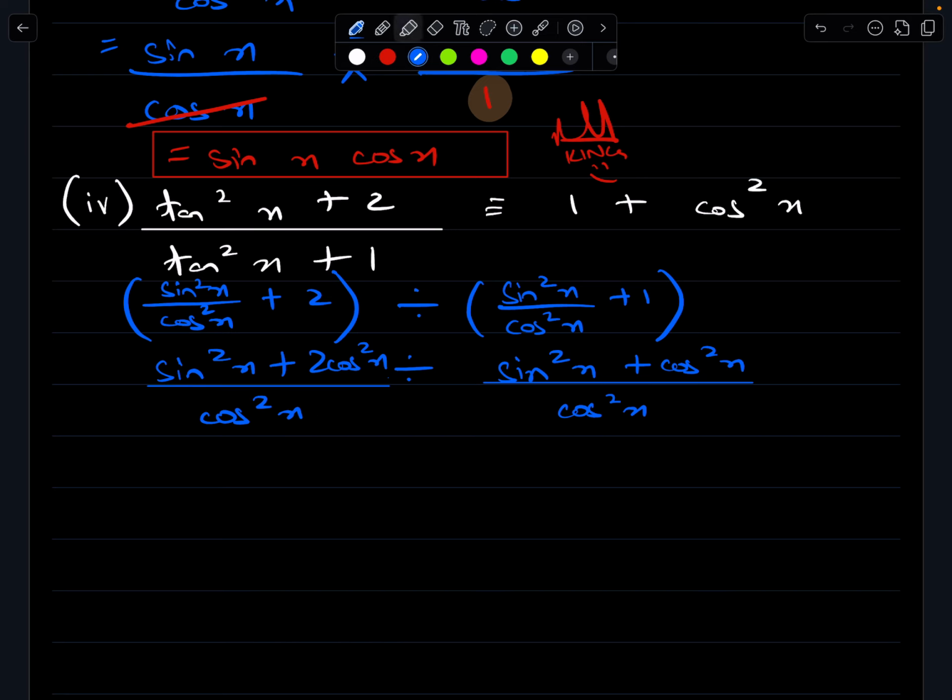Since you're an A-level student, you should appreciate that you can directly cancel these cos square x's.